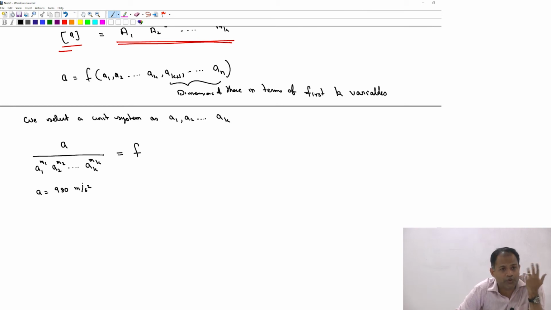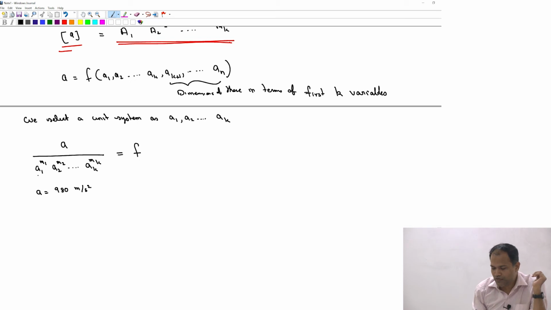But if you choose a unit system in which g is a fundamental quantity, then the acceleration would be just 100, because it's 100g. So if you select g as a fundamental quantity in your unit system, you will say my acceleration is 100.